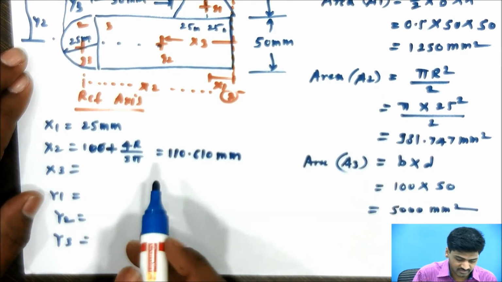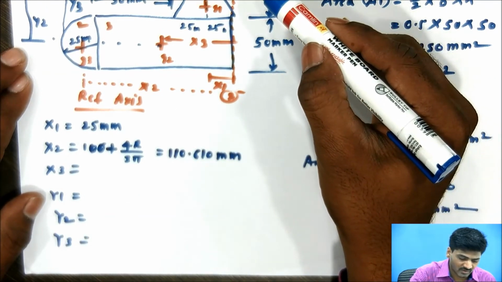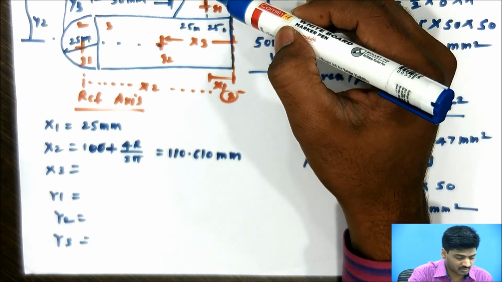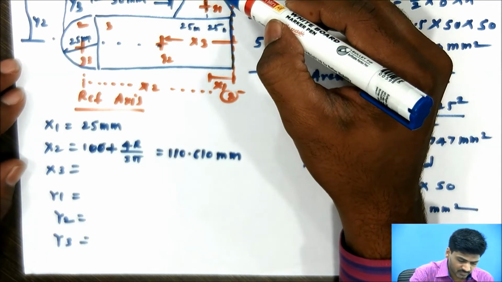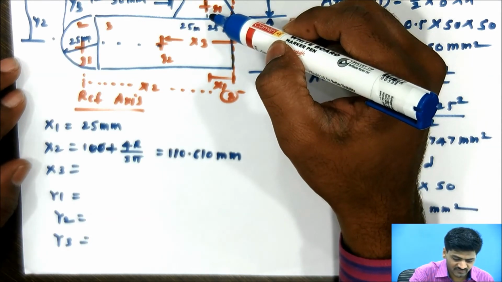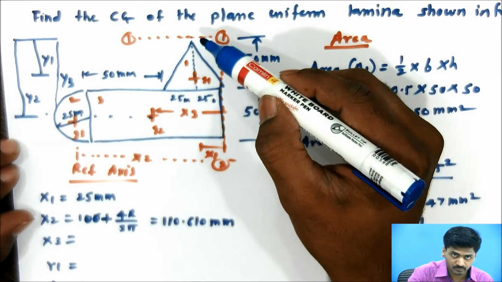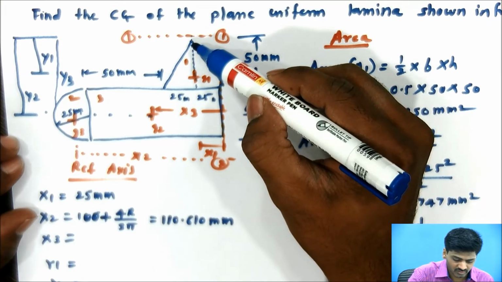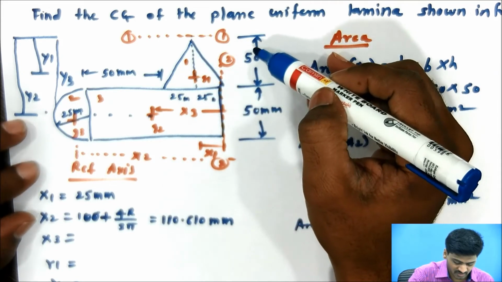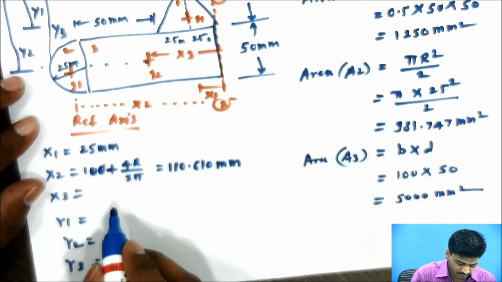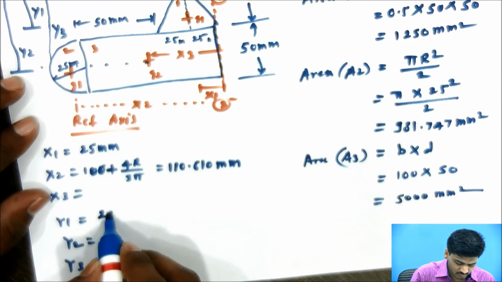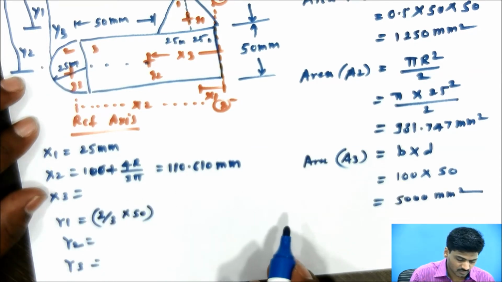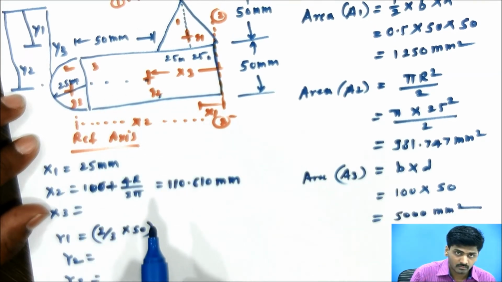Next, you may consider y1, y2 and y3. How to identify it? So y1, this is the small distance. How to calculate this particular y1? If I consider the triangle, this is the base, this is the toe. From the toe it is 2/3 of the span, and the span is 50.